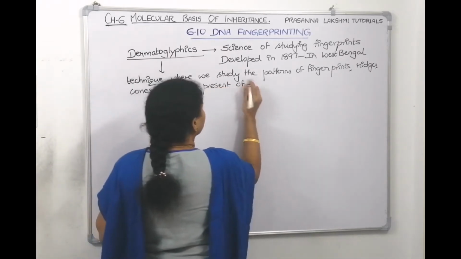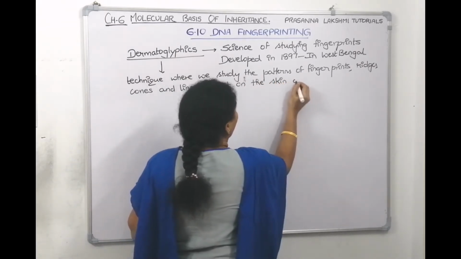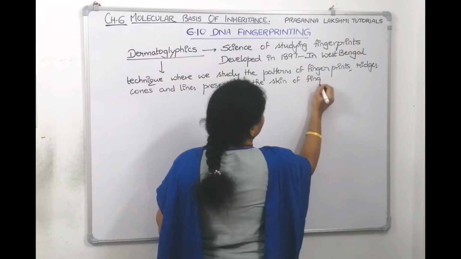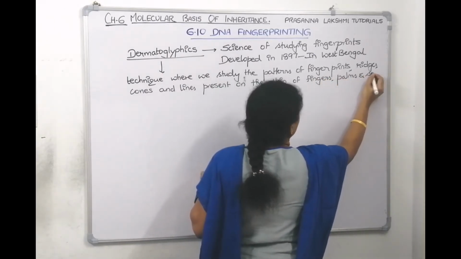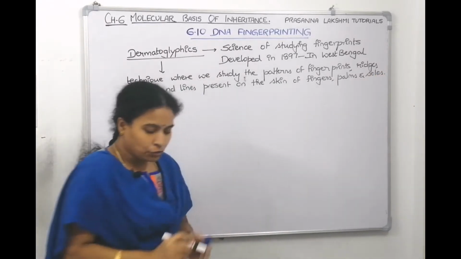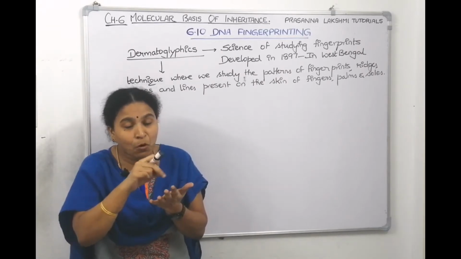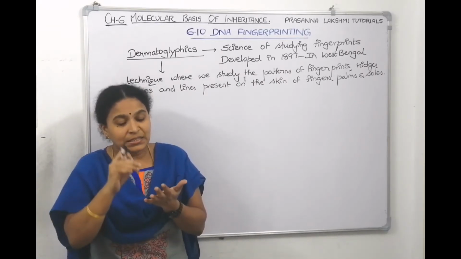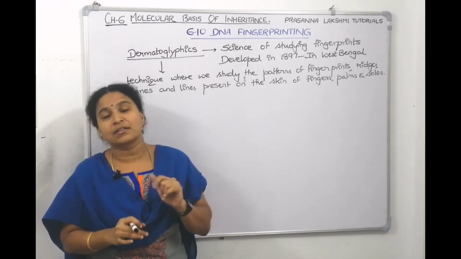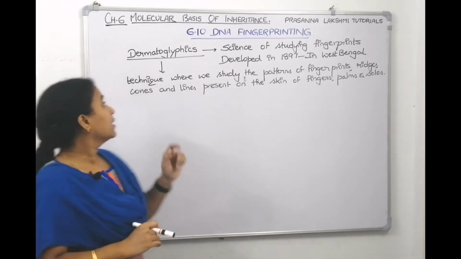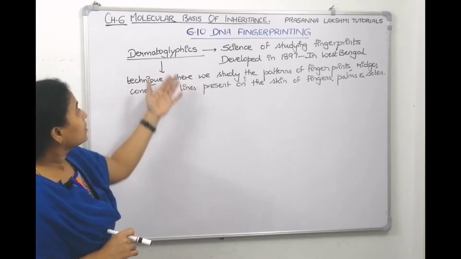Where are these lines present? They are present on the skin of fingers, palms and soles. If you check your fingers, you can see some lines, some cone shaped appearance, some circles, some ridge type of structures. When we study those fingerprint patterns, that science is called dermatoglyphics. Derma means skin, and the study of patterns is called glyphics.